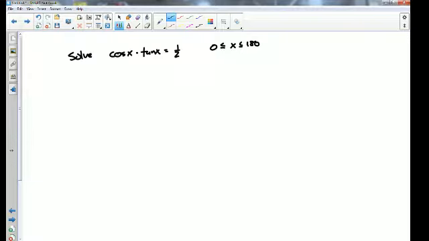This is where identity skills are going to come into play. What do I do with tangent? Cosine and sine. Yeah, change the tangent to sine over cosine, right? So what is it? Cosine of x times sine of x over cosine of x.